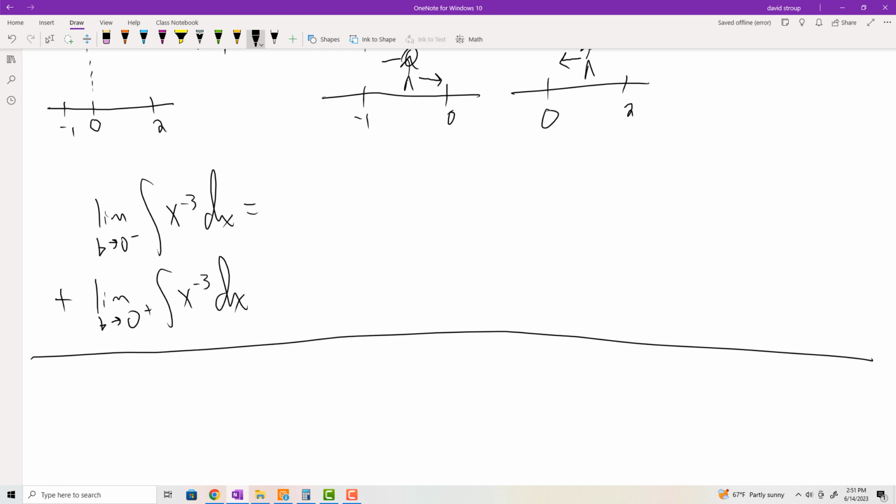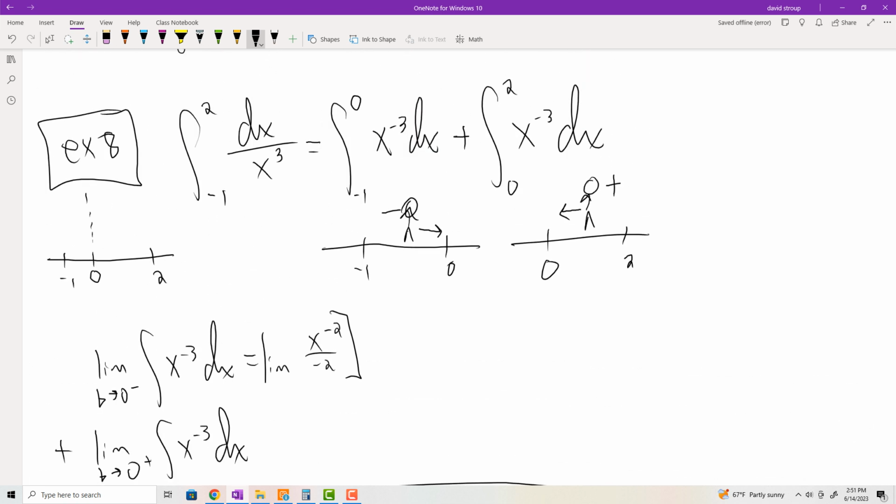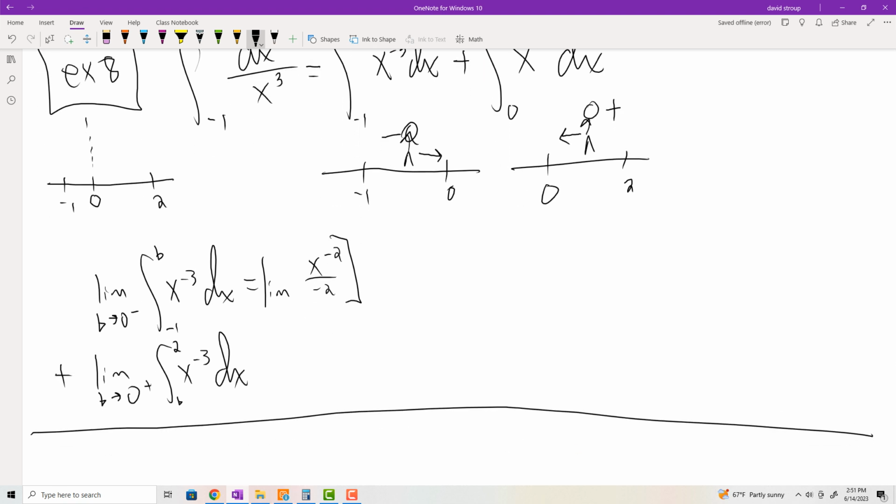Anyways, this first guy then, x to the -3 plus 1 is -2 all over -2, and then we have to evaluate. Oops, I didn't put the little limits on my integrals. So this is -1 to b, and then this one is b to 2. So you replace the discontinuity limit. Rewriting x to the -2 over -2, that thing is -1 over 2x squared.